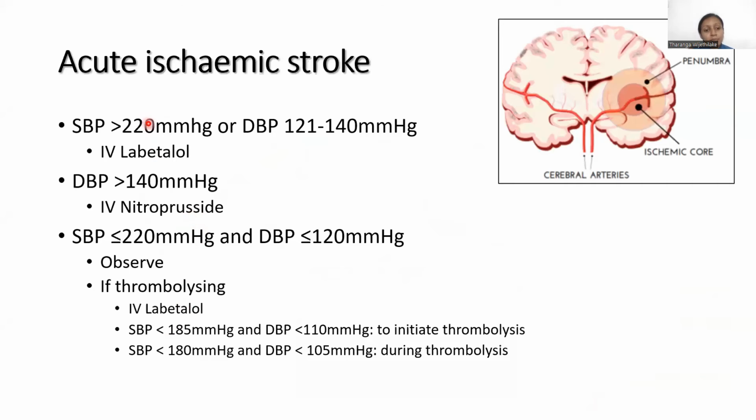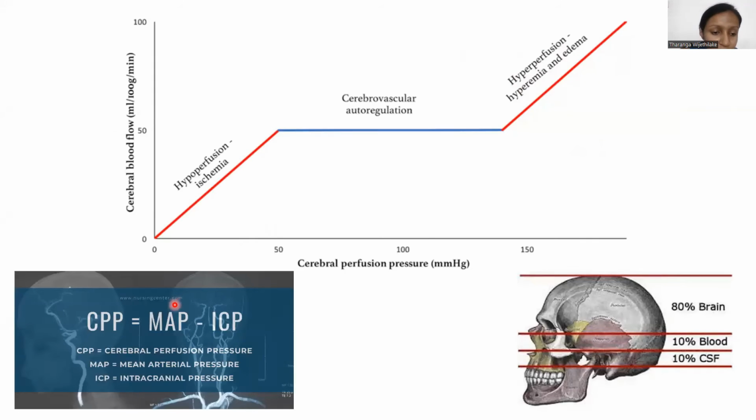So the blood pressure number in an acute ischemic stroke reflects the brain's response to edema in this area. Now, this area is ischemic. What will happen if we bring down the blood pressure?